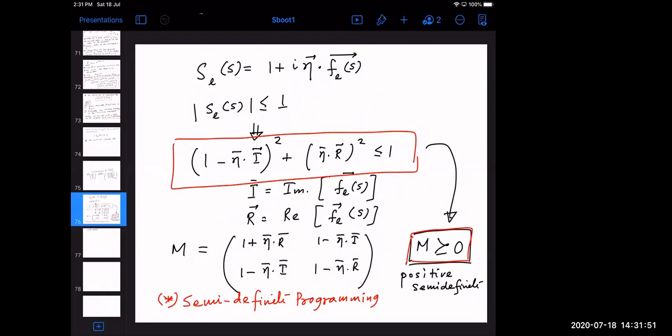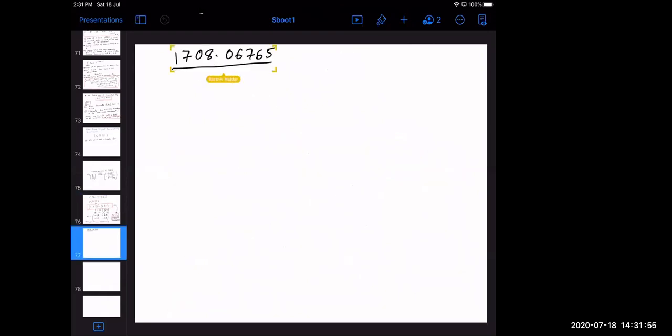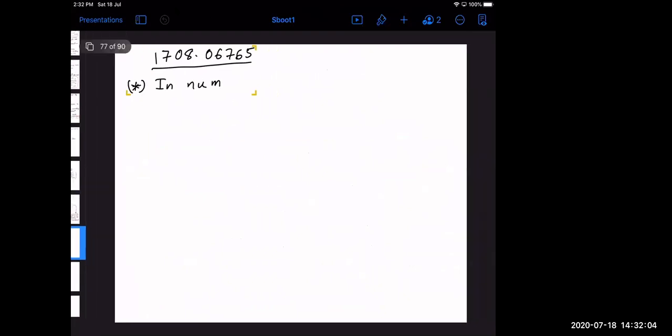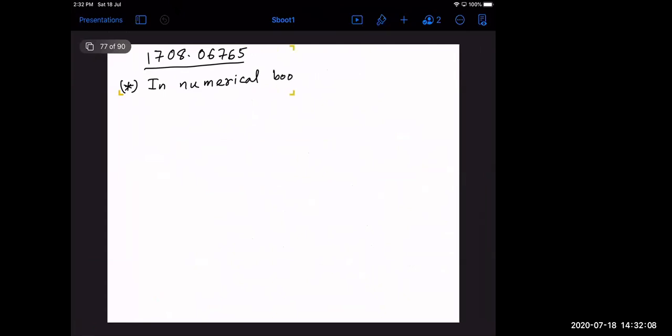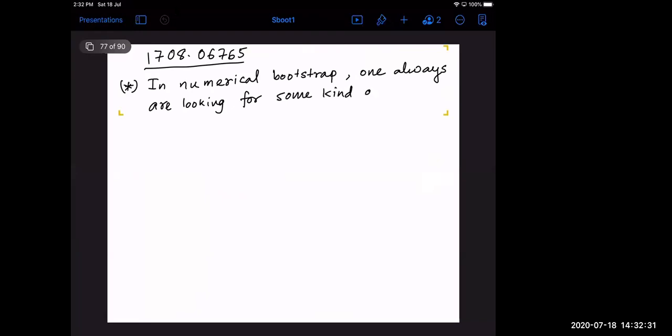The kind of problem that this numerical bootstrap deals with is always some kind of optimization problem, and therefore people actually find bounds.